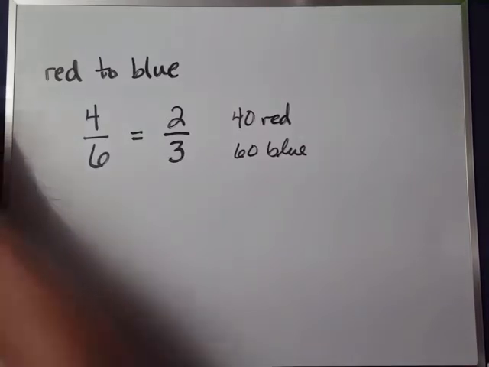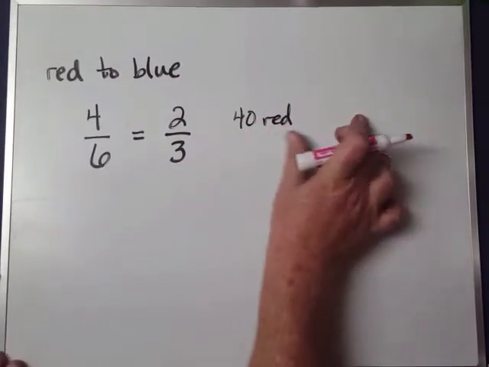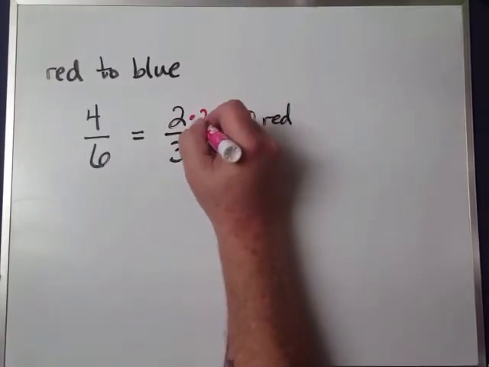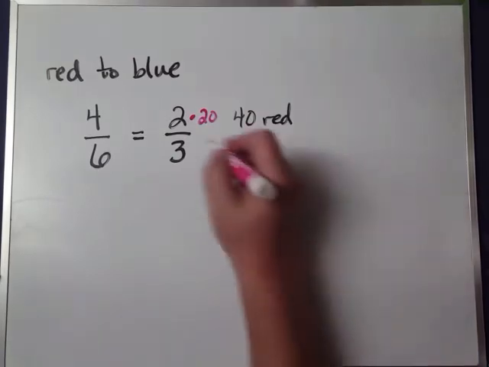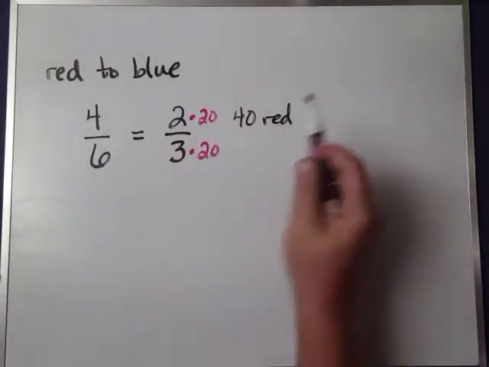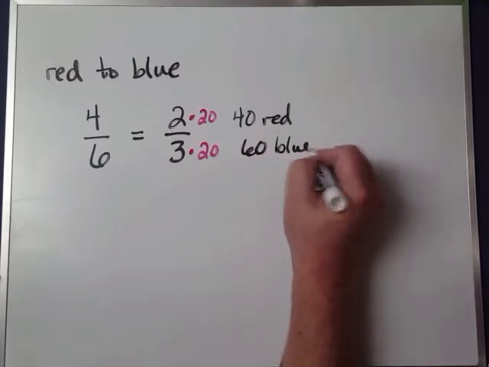In other words, I can change this 2/3 to, what did I say? If we have 40 red, how do you turn a 2 into a 40? Multiply by 20. If I do that also to the bottom, that gives me my 60 blue.